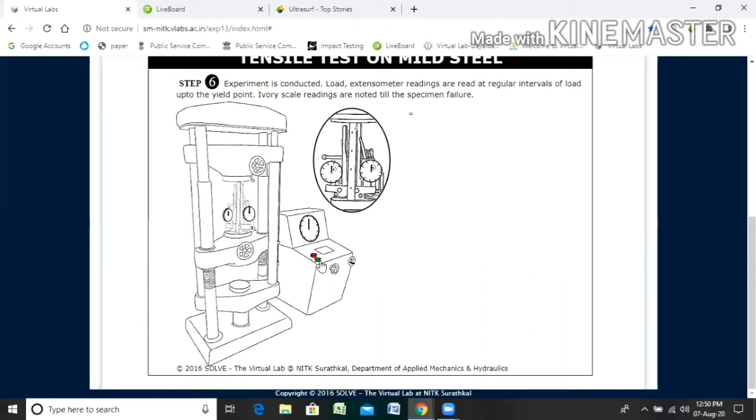When you press the green button, the experiment is conducted and the load is applied, and both extensometer readings, which we calibrated to 0, will be recorded at regular intervals of load up to the yield point.